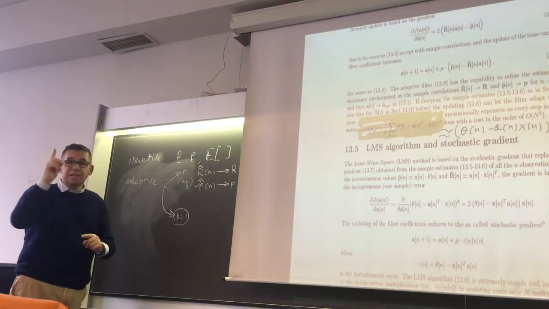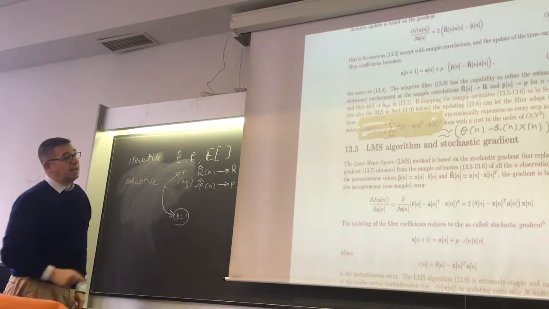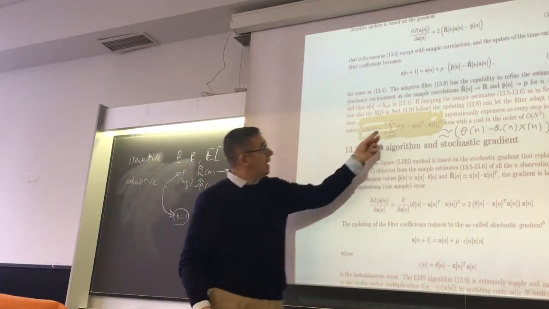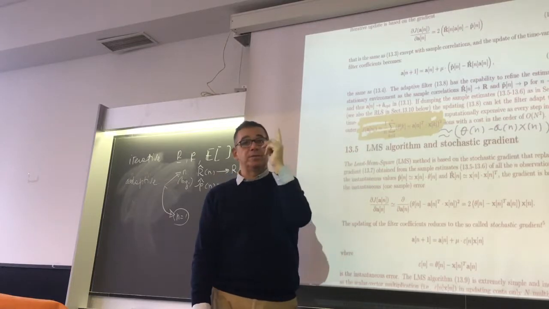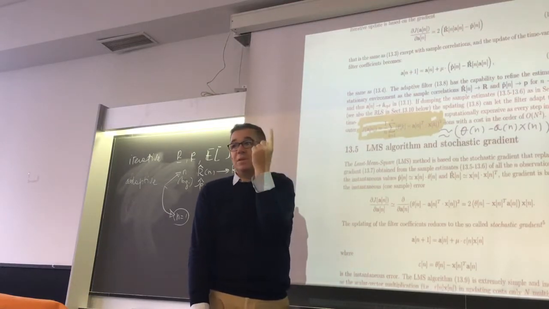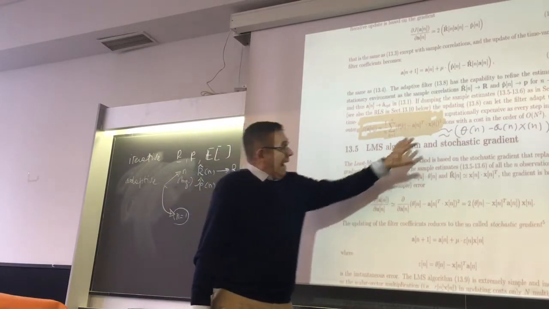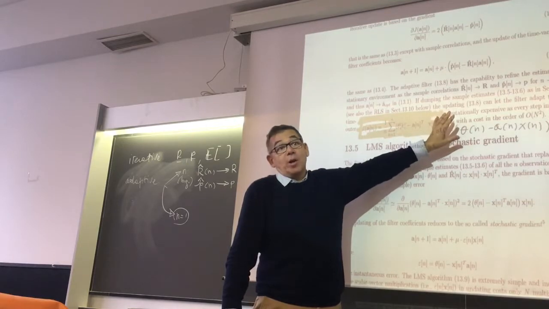We take just one sample, one value only. And that is what I calculated. So, rather than making the sum over n, I'm making the sum to 1. Sum to 1 means 1. Okay? So I am aware that this is an approximation. It's a very strong approximation.